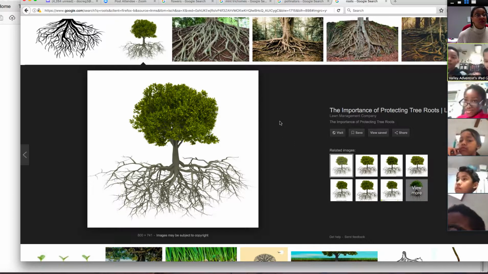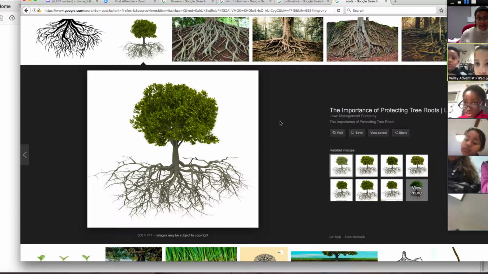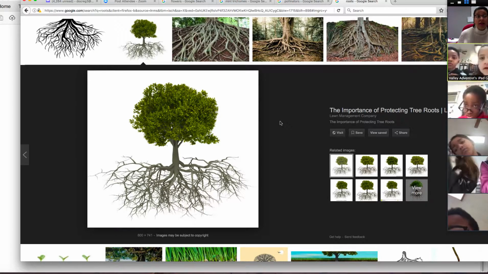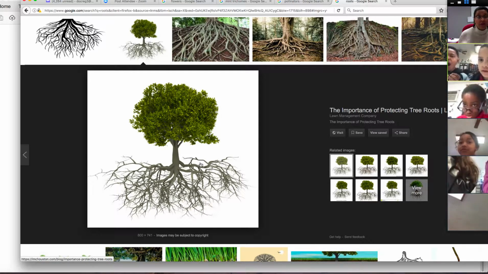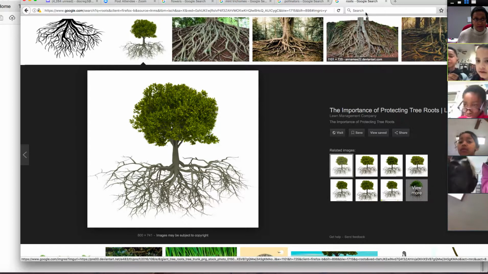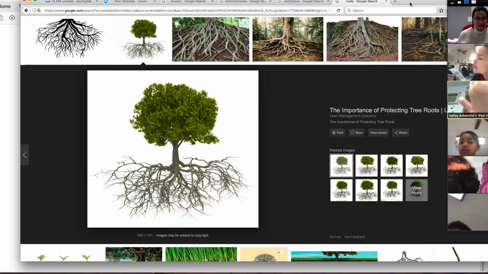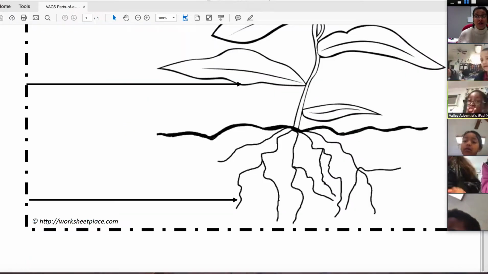You feel the wind, right? So the plants feel the wind as well. What do you think the roots might be important for if the plant is being pushed by the wind? Very good, for it to be stable. It helps to anchor the plant into the ground.